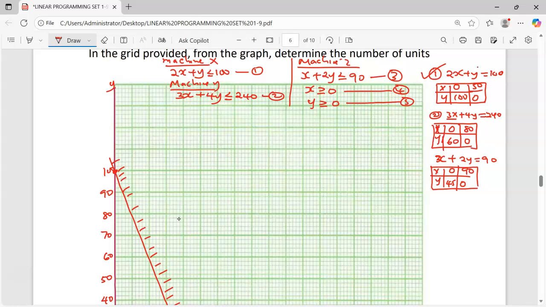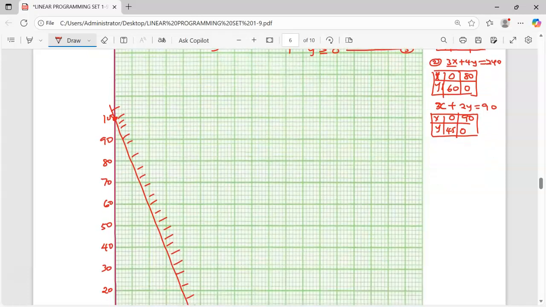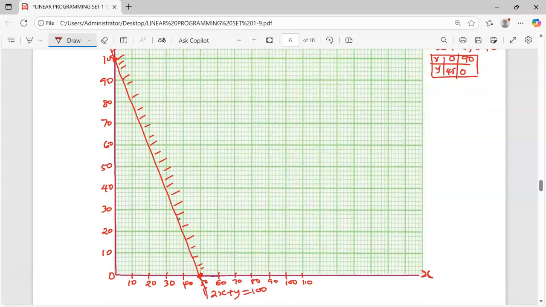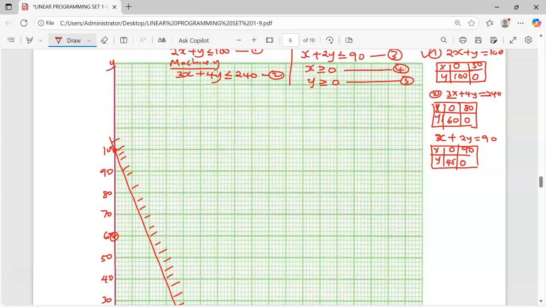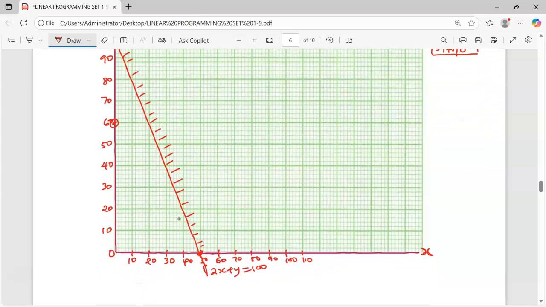3x plus 4y is equal to 240. When x is 0, y is 60 at this point here. And when x is 80, y is 0 at this point.